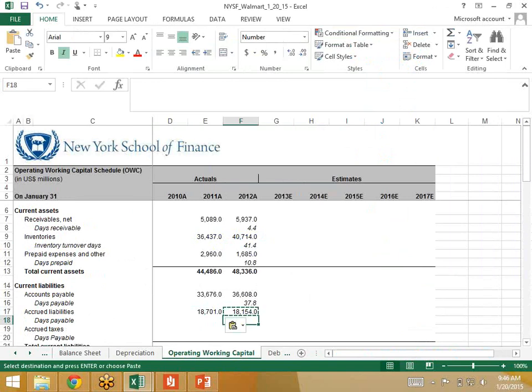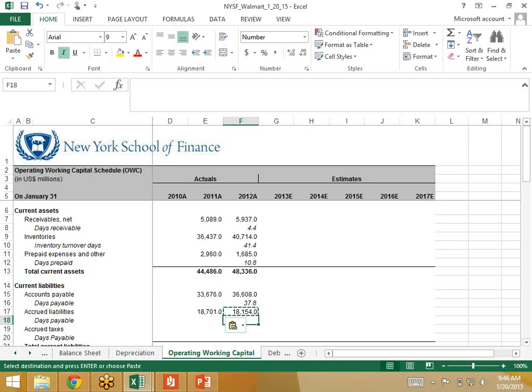Accounts payable is what you owe on COGS. Accrued liabilities, it's got to be SG&A. We really don't know. It's not defined, but it can't be COGS. That's accounts payable. So it's just got to be an other expense. The only other expense we can relate it to is SG&A.